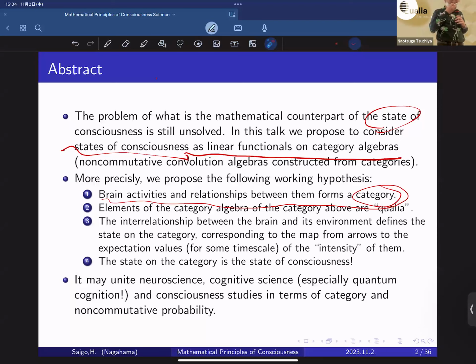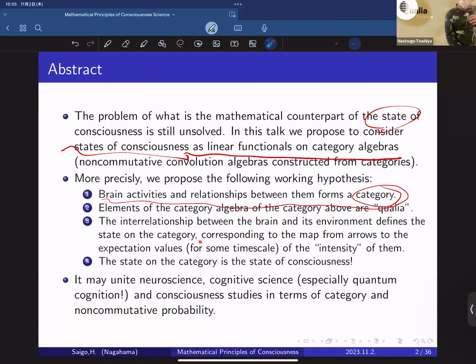For example, a typical example is a quantum field. And the interrelationship between the brain and its environment defines the state on the category at a conceptual level, and at the mathematical level, it is a linear functional on the category algebra.